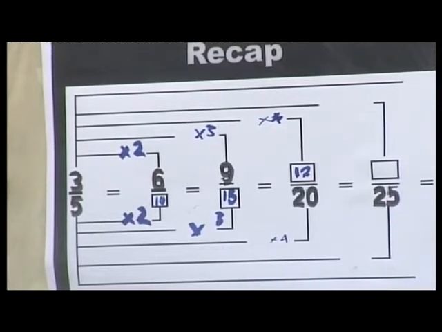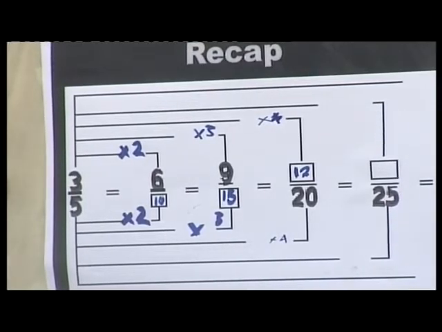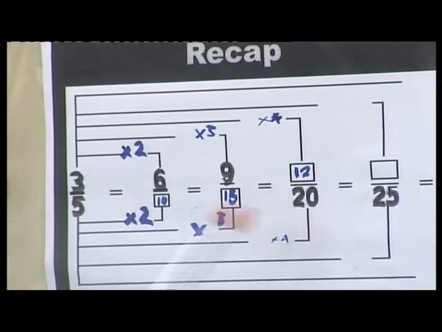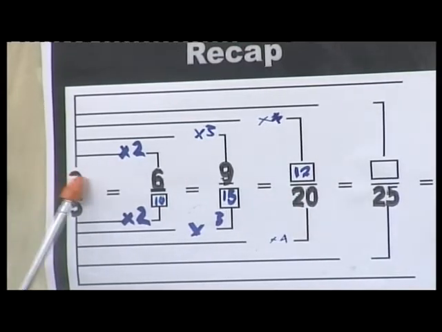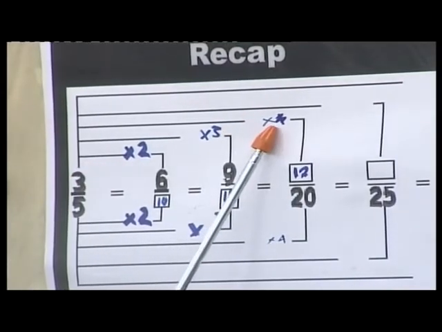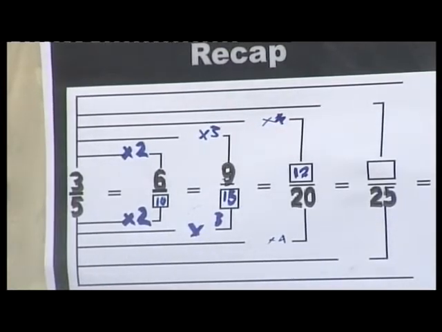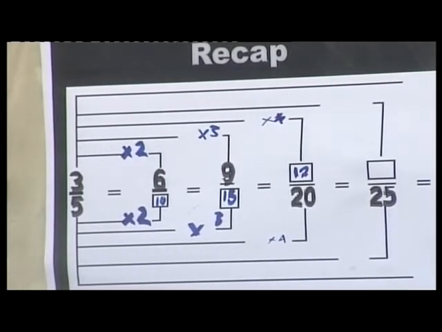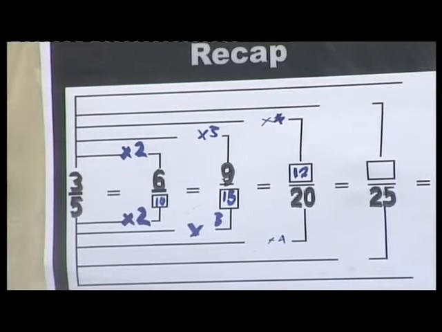Okay, Rodney has written his answer on the board, 12 over 20. He has multiplied 3 times. Okay, it's 4. He wrote another answer before that, and then decided to change it to 4.